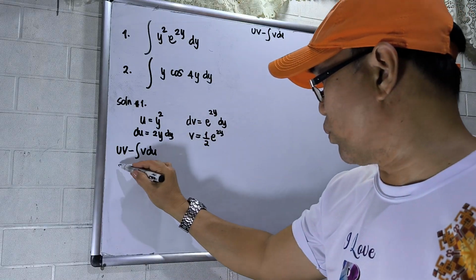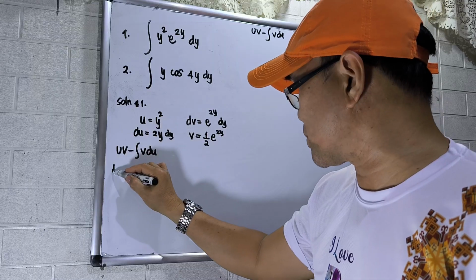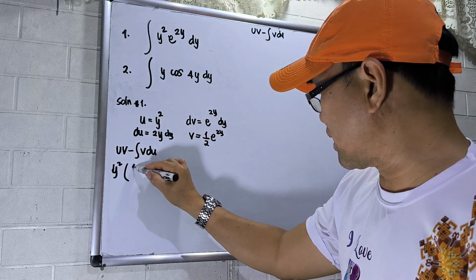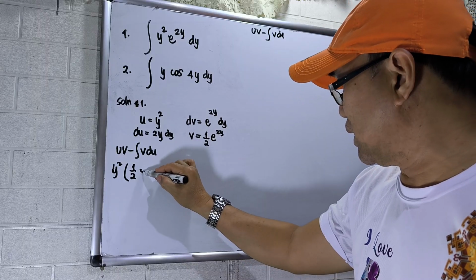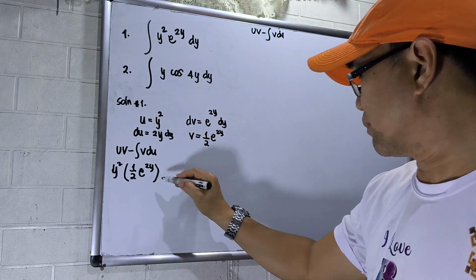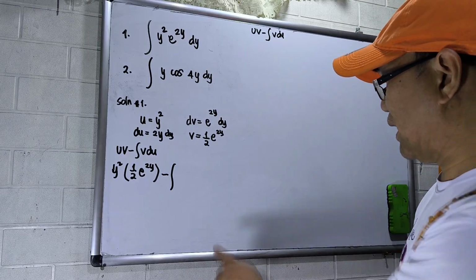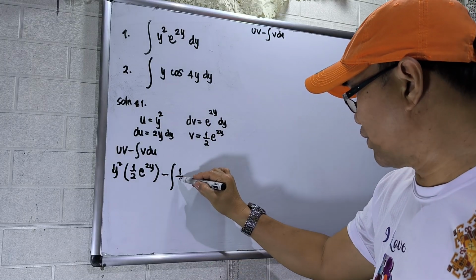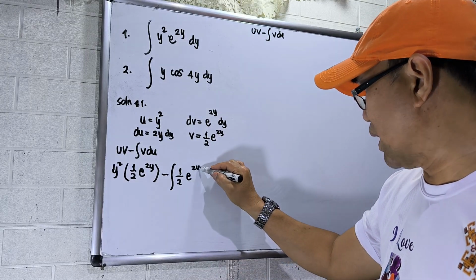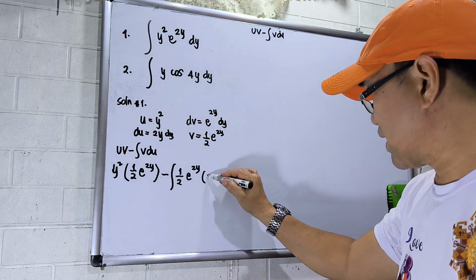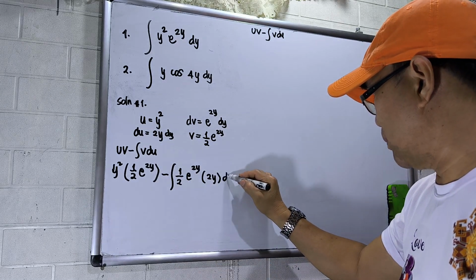So u is y squared, then v is, in circle brackets, 1 over 2 e to the 2y. Then minus the integral of v, which is 1 over 2 e to the 2y, times du, which is, in circle brackets, 2y dy.